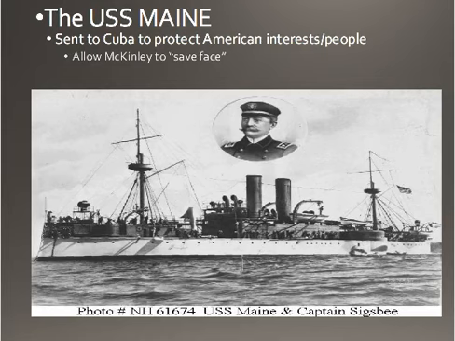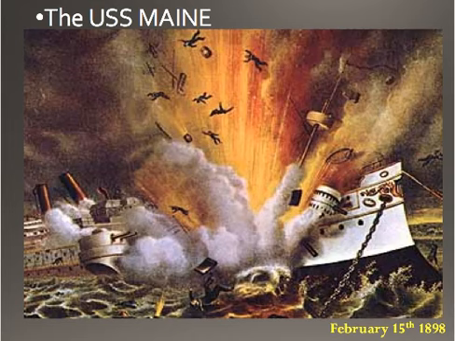It's kind of a keep talking and see what's going to happen. Maybe we will go to war. Maybe we will support the Cubans. Now, something interesting happens as the USS Maine is sitting in the Havana harbor. It blows up. On February 15th, and that's a date you'll want to know for our next activity, the USS Maine explodes.